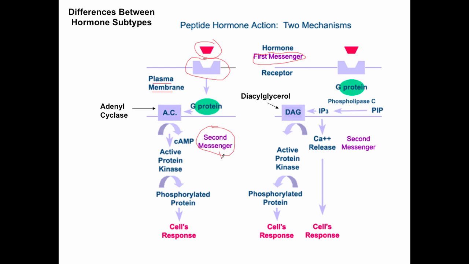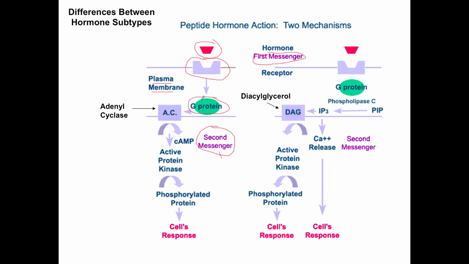So these receptors that trigger second messenger systems are often under a category of receptors that we call G protein coupled receptors.